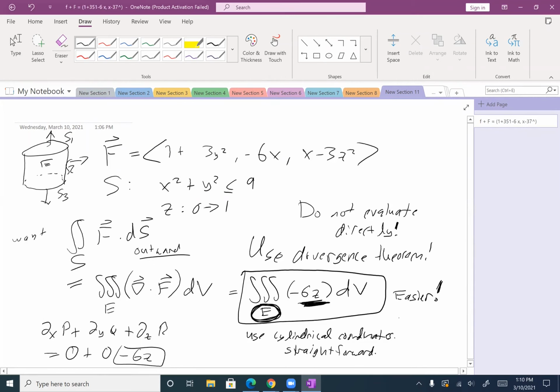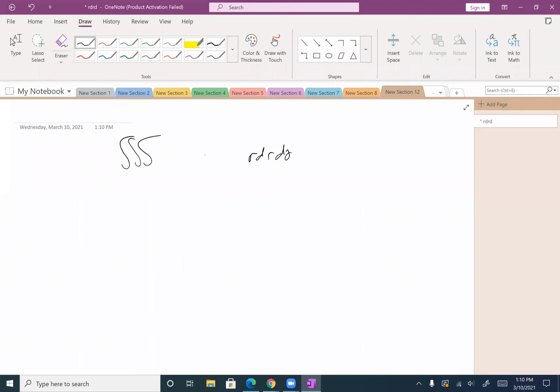So, of course, in cylindrical coordinates, z actually doesn't do anything. So z stays the same. We're not using spherical. So in other words, what you'll have is something like r dr d theta dz. And so this 6z will actually factor out.